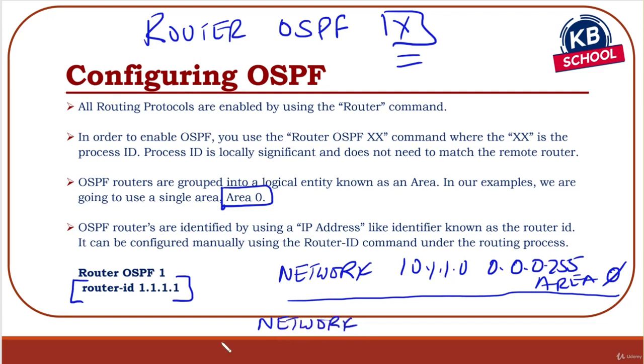On the ASA firewall, the same command, just like we talked about in EIGRP, ASA does not have a wildcard mask, it has the normal mask, so it would be 10.1.1.0 255.255.255.0 area 0. Very similar with subtle differences that you need to be aware of.